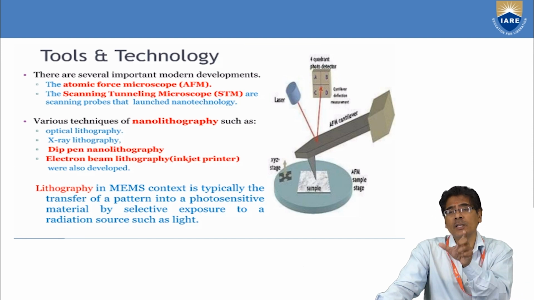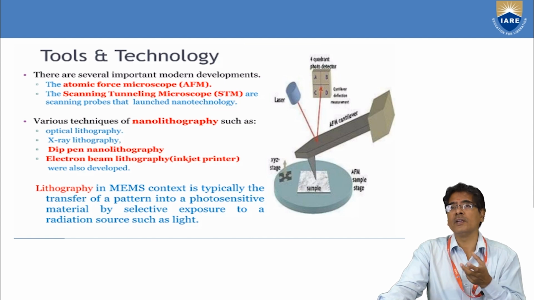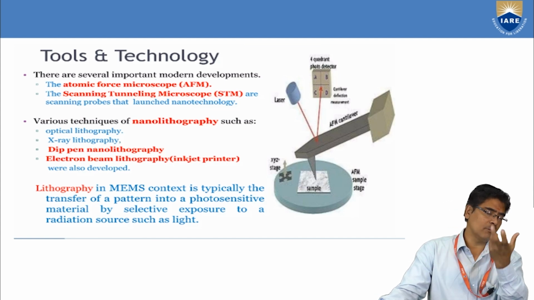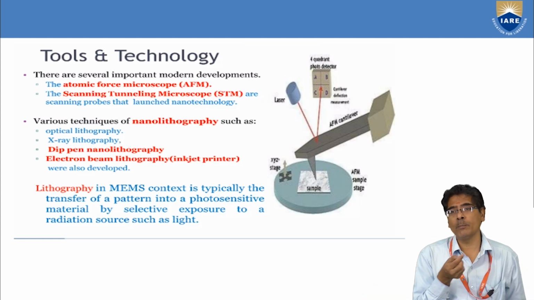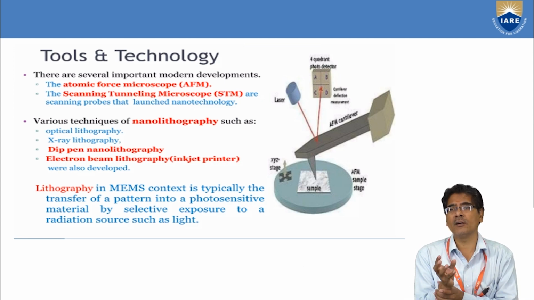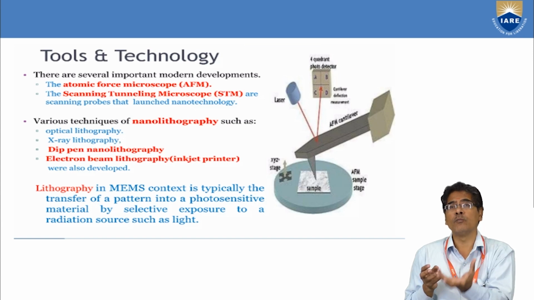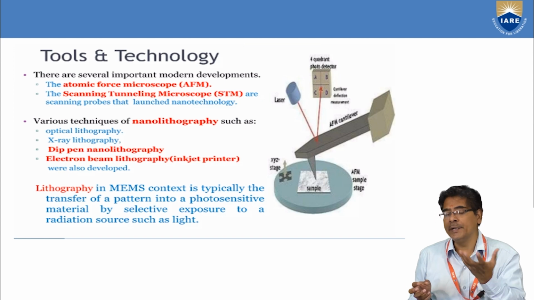So either E-beam lithography or X-ray lithography or photolithography can be used to write a pattern. If you want a pattern on the silicon wafer, that means etching is to be done on the silicon wafer to certain nanometers. For that etching process, electron beam lithography or photolithography is widely used.